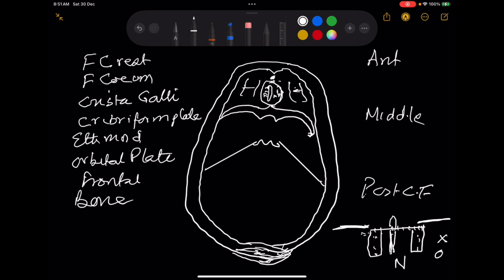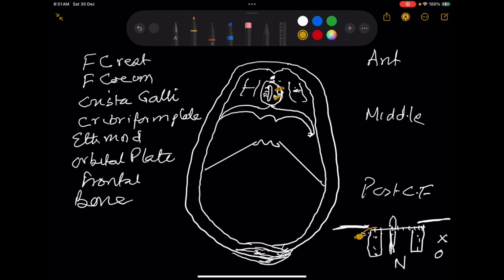Between the ethmoid and the orbital plate you have a nerve here, which is the nasociliary nerve, which is in the orbit. It passes through these foramina, which are called the ethmoidal foramina. There are two of them, the posterior one and the anterior one.